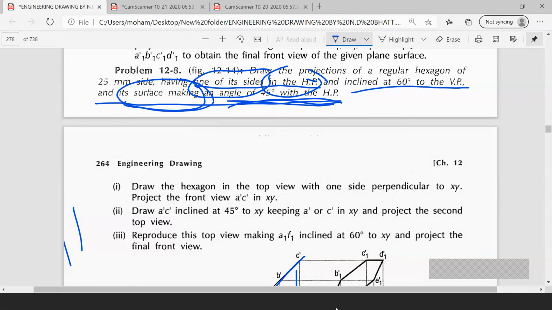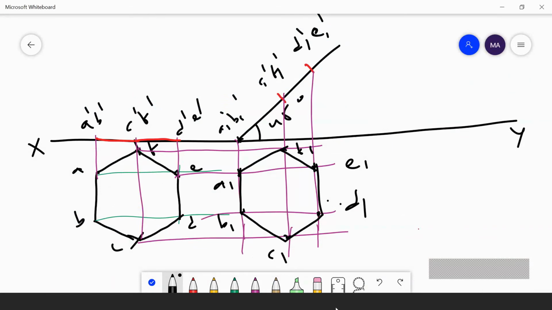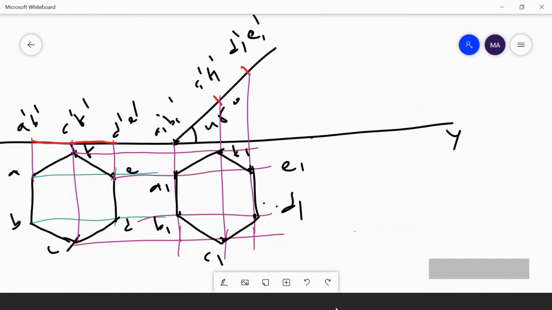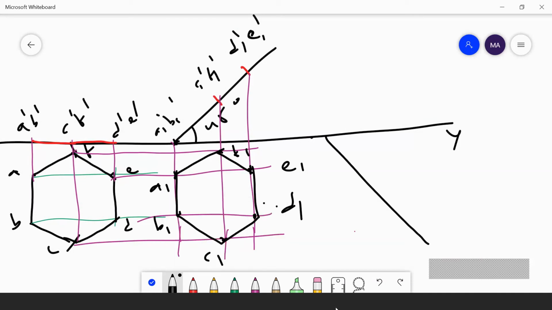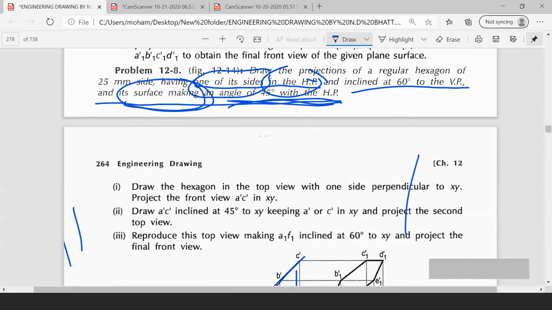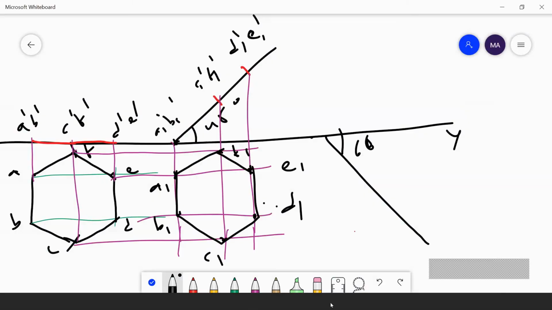So VP means we'll draw the inclination in HP. I am drawing inclination of 60 degrees in HP. Okay, what is the resting side here? Resting side is AB. It is resting on AB. The side is inclined at 60 degrees, he is saying.